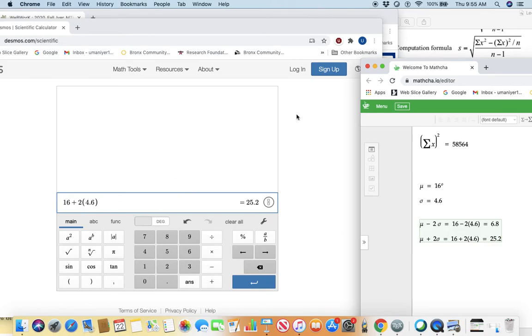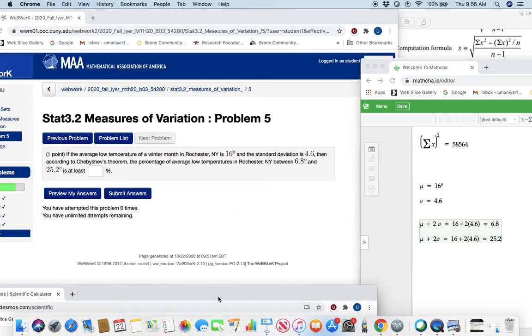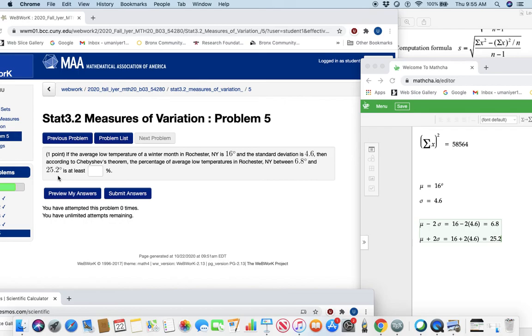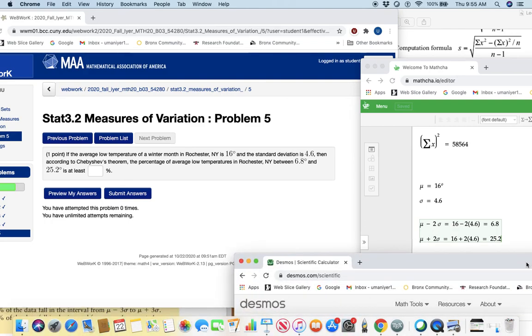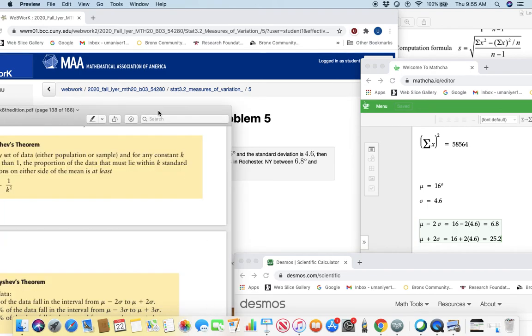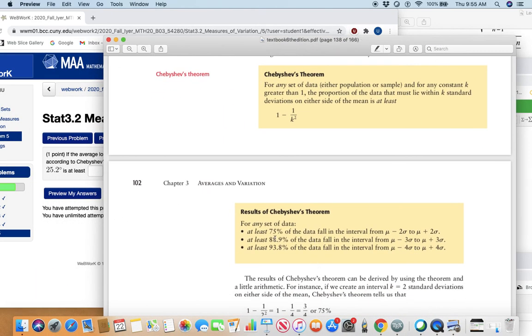So plus 2 standard deviations is 25.2. Is that what they are saying? Yes. So what are they looking at? They are looking at 2 standard deviations around the mean. You go left 2 standard deviations, and then you go right, that's the plus 2 standard deviations. What does Chebyshev say? Chebyshev says at least 75% of data fall in this interval, 2 standard deviations.